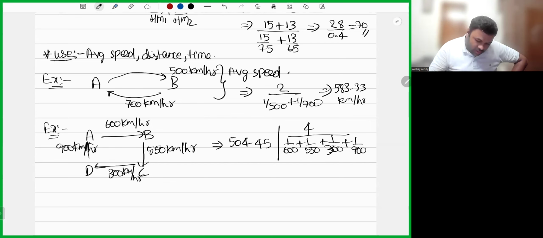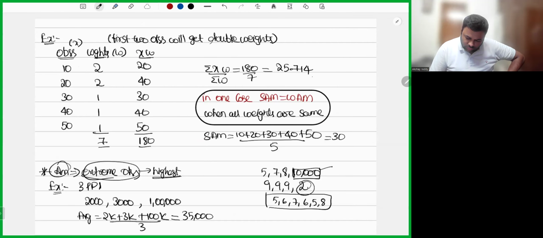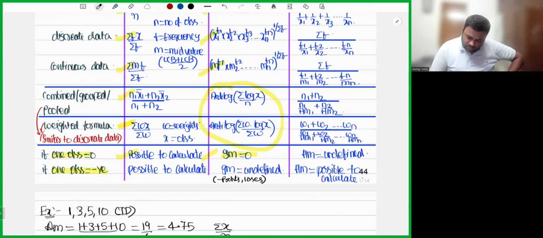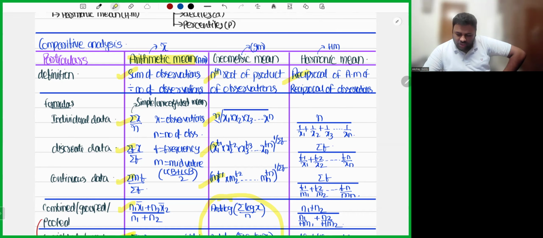Next, let's look into harmonic mean now. The same: first, the reciprocal of the arithmetic mean of the reciprocals of observations.